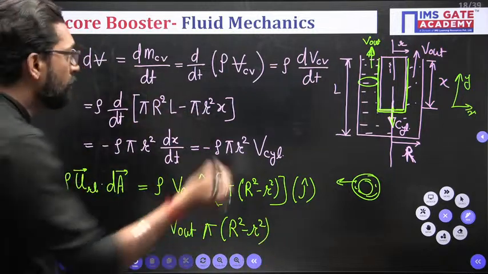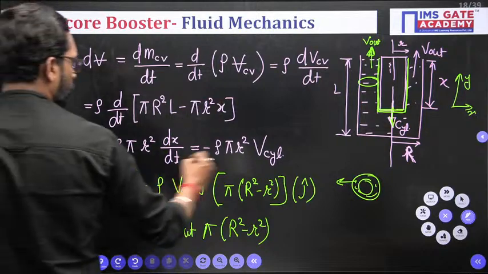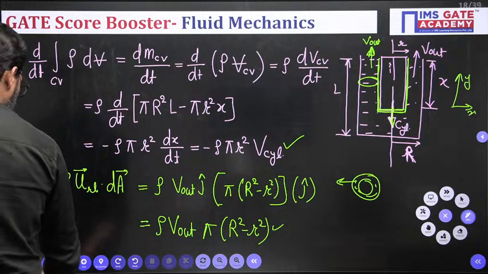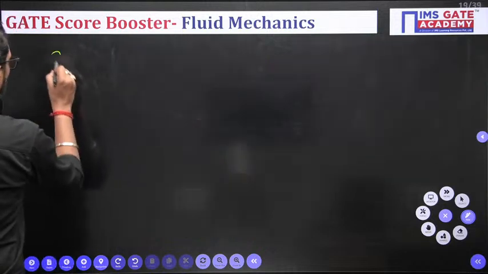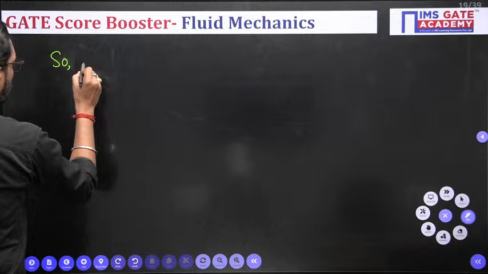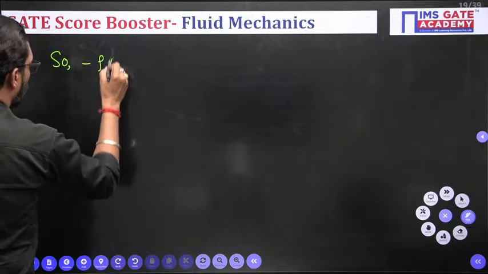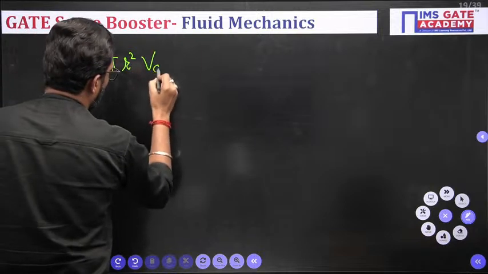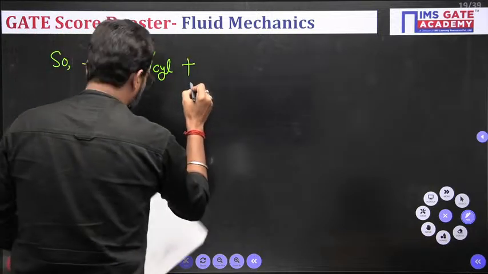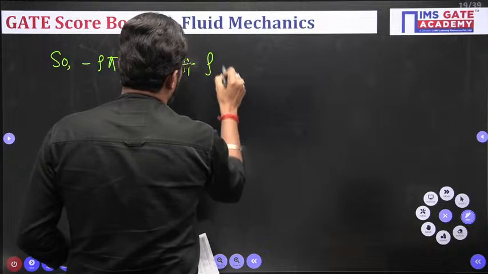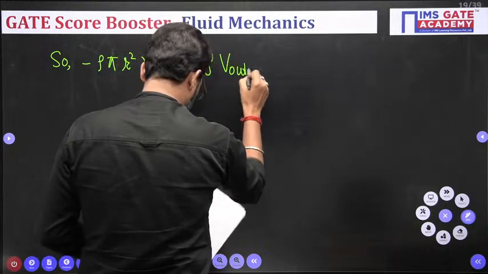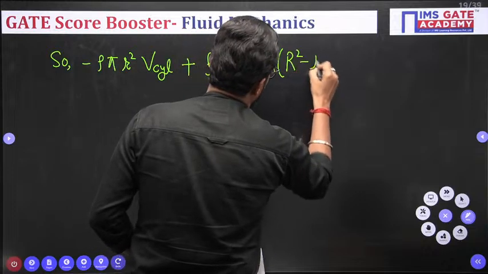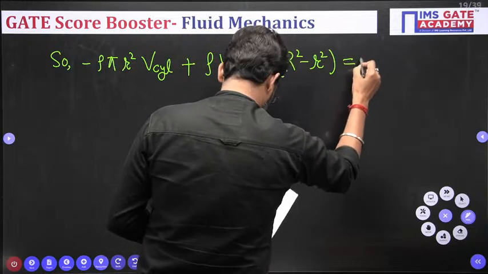Clear? Now equate it, that means equating this one and this one. So you can add: minus rho pi r square velocity of cylinder plus rho V out pi capital R square minus small r square is equal to 0.